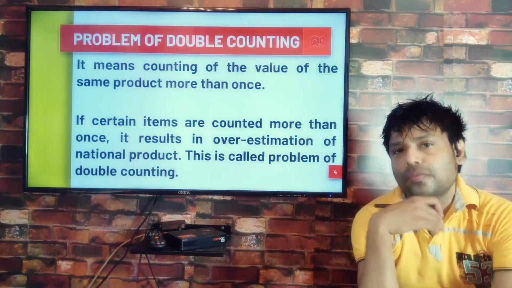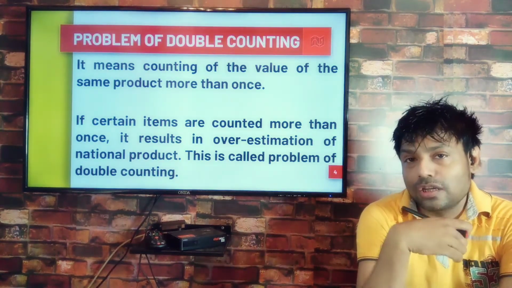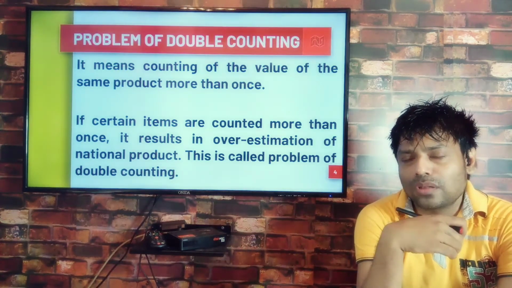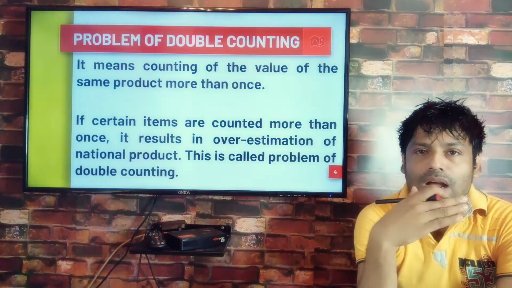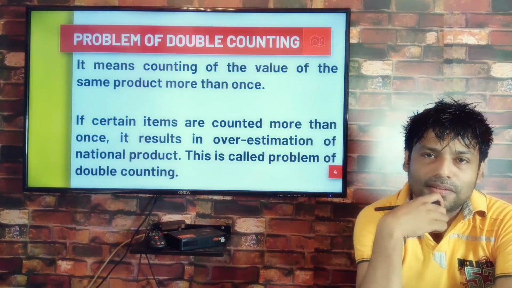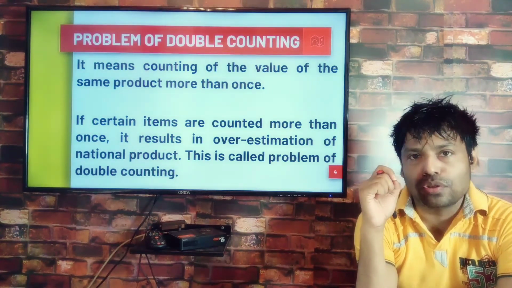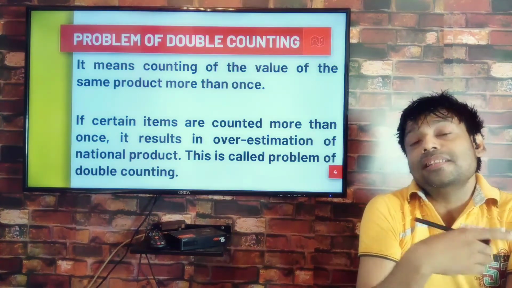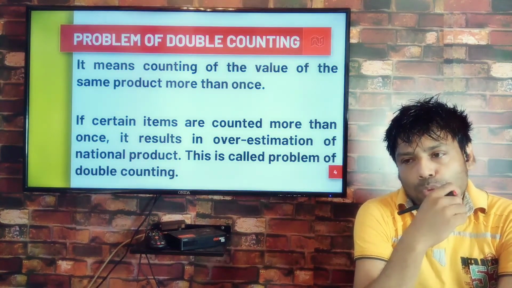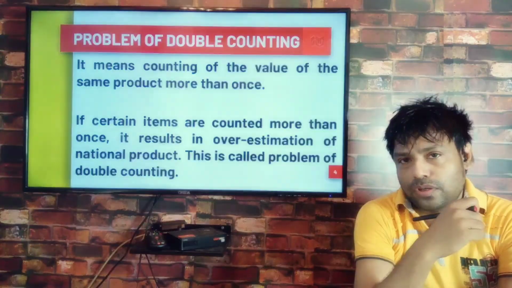Since the final price of the good already includes the value of all the intermediate goods used to produce it, including the price of intermediate goods when calculating GDP would involve double counting.